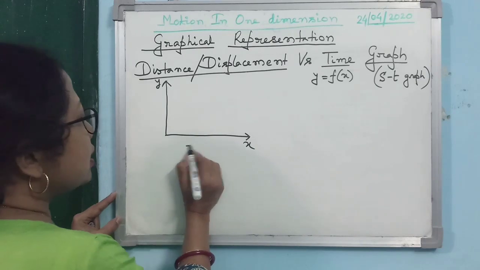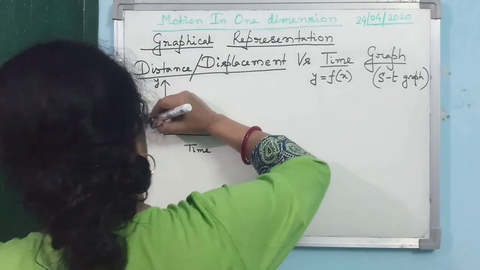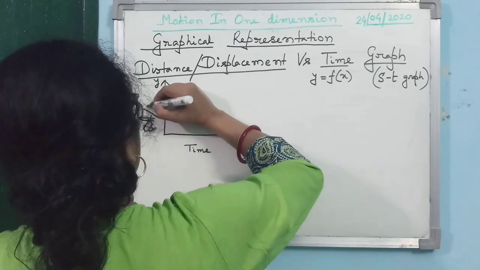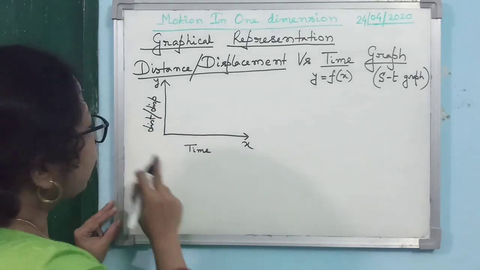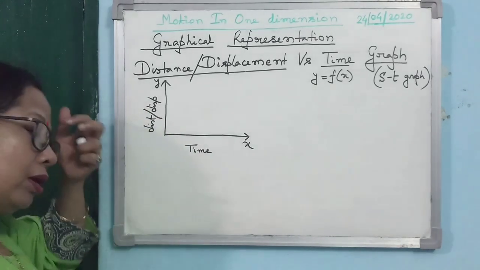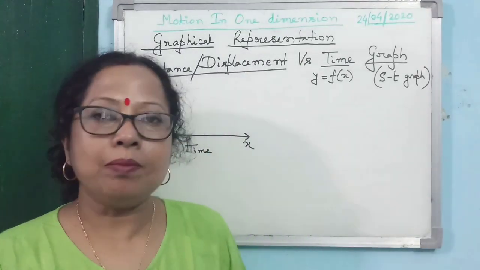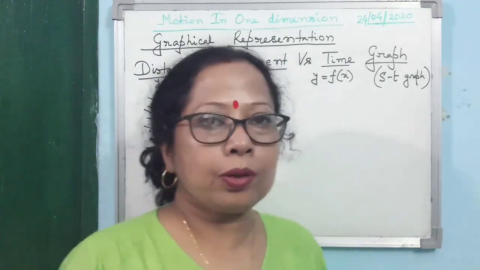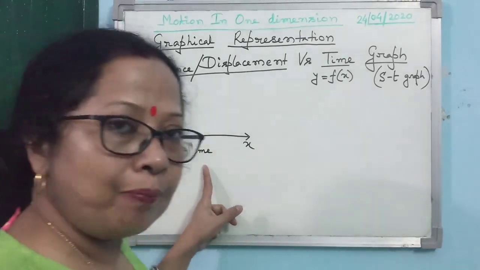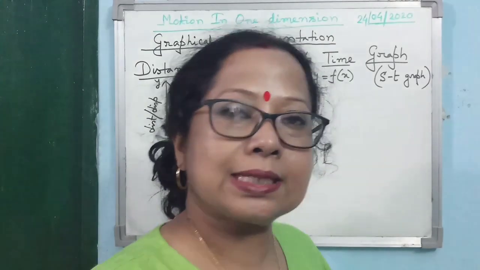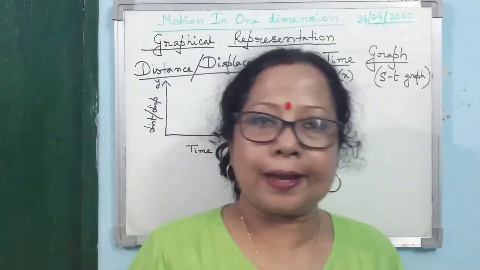So always time we plot along the x-axis, and we plot distance or displacement along the y-axis. Then it is known as the distance-time graph or ST graph. Next time onward, whenever I write ST, S stands for distance or displacement and T will be time.